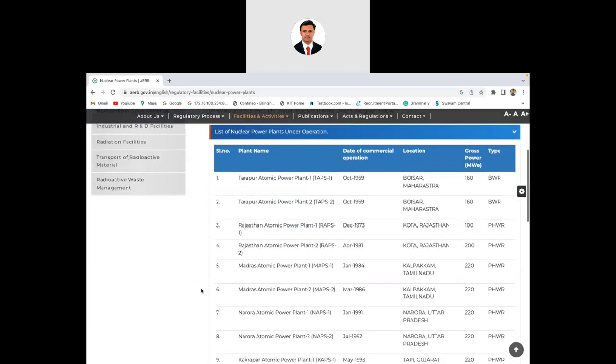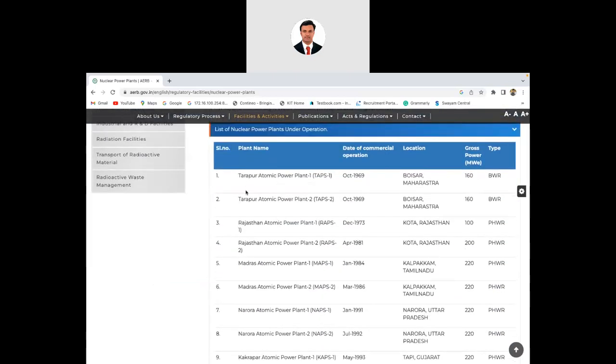You will see the list of nuclear power plants under operation. Tarapur has two plants, plant one and plant two, which came into operation in 1969. India has many nuclear power plants situated along the coastline.